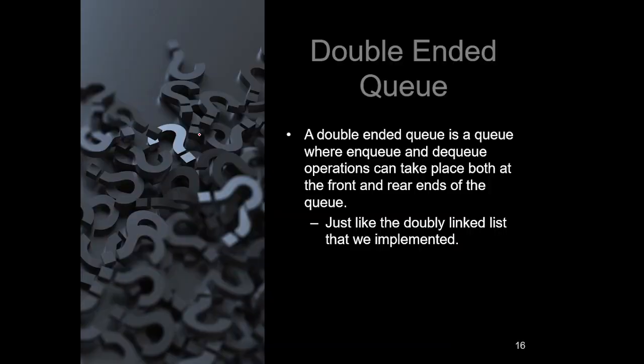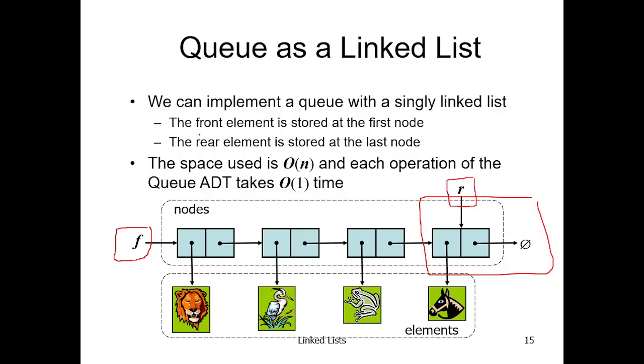And last, the data structure that we want to talk about is the double-ended queue. In the double-ended queue, it is basically a queue data structure. Okay? It's just like a queue. But in a queue, the nodes are removed from the front, or DQ operation takes place at the front, and NQ operation takes place at the rear.